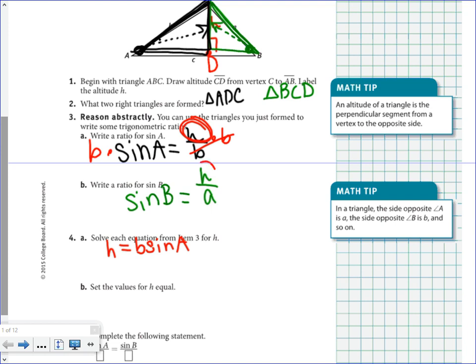Then looking here, this is our H. Again, we're going to multiply by A on both sides, and that gives me that H is equal to A times sine of B.